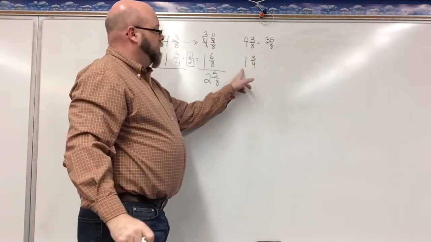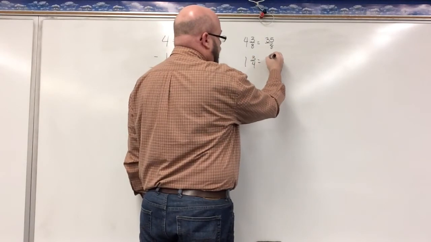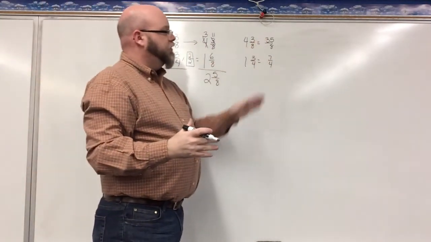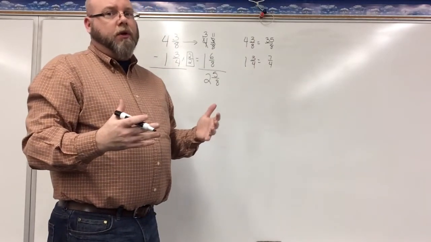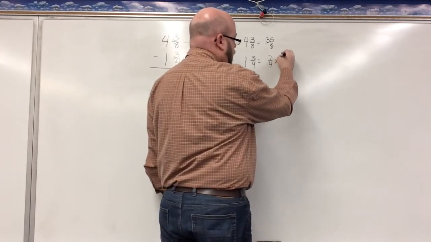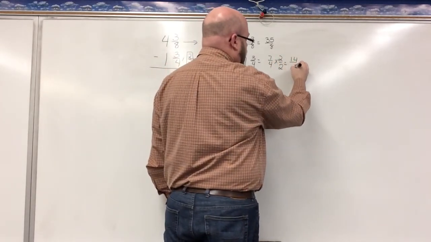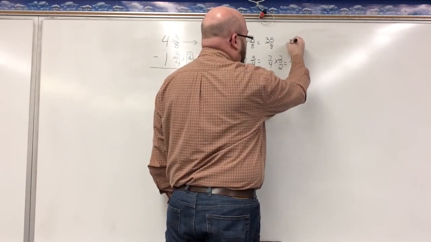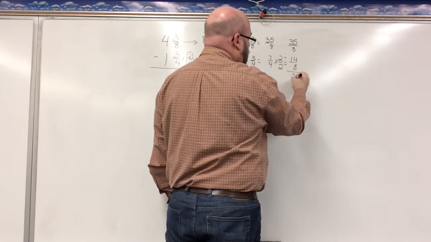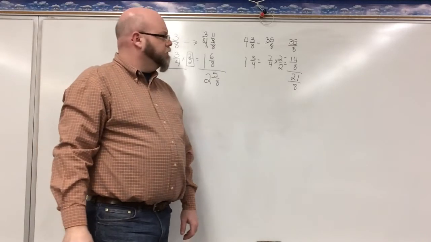So 4 times 1 is 4, plus 3 is 7, so I have 7/4. So I have 35 eighths minus 7/4. Well, I'm still going to have to change my denominator. 7/4 times 2 over 2 equals 14 eighths. So I have 35 eighths minus 14 eighths.